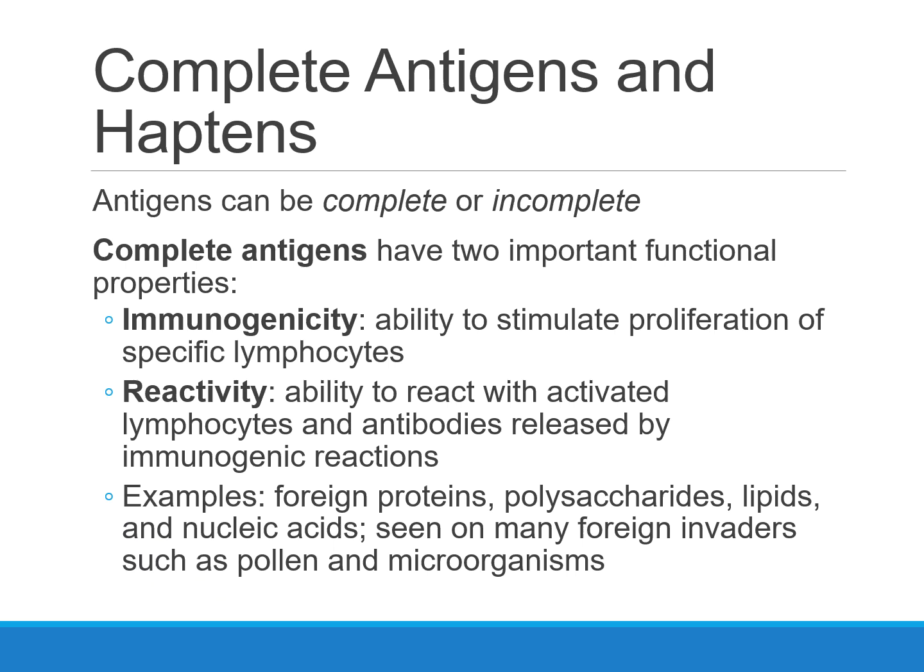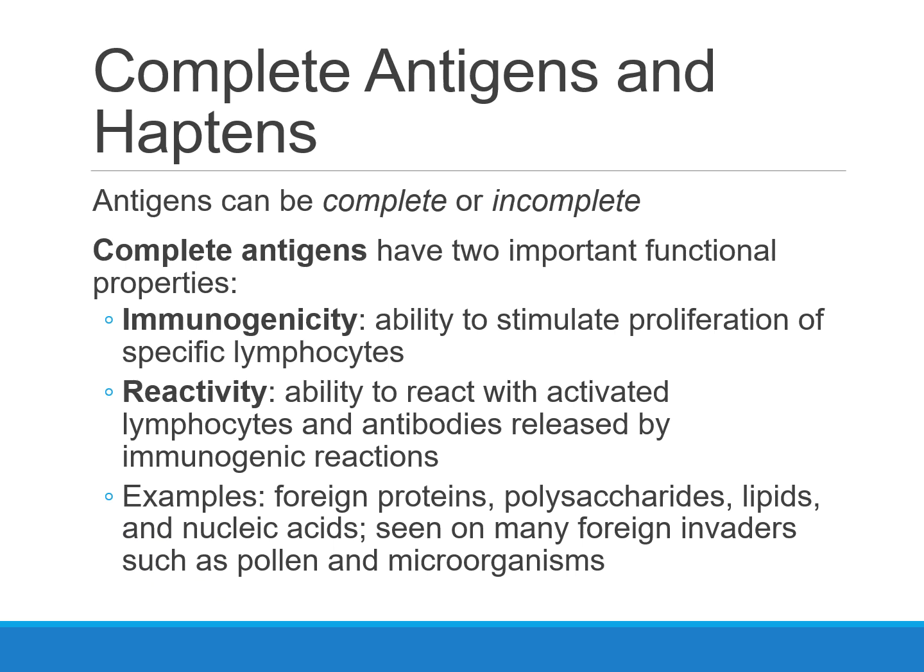So antigens can be complete or incomplete. A complete antigen means that it has two important functional properties. It has immunogenicity, meaning it has the ability to stimulate the proliferation of specific lymphocytes. So it can cause the mass production of a specific cell. And it has reactivity.